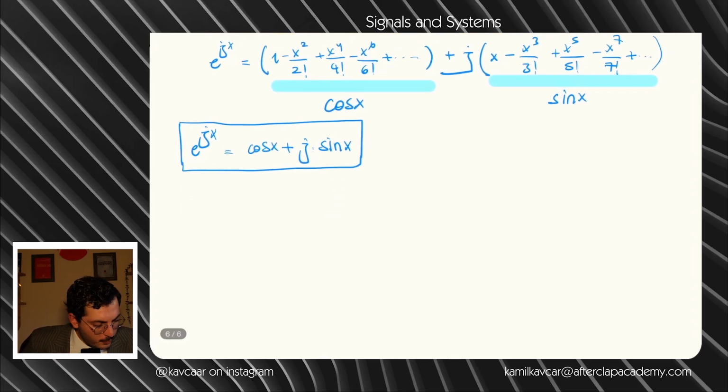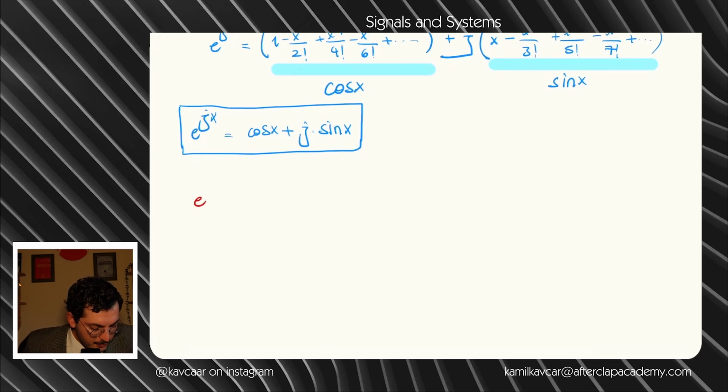So since this is the equation, now we're going to use a little bit of information from the previous lecture where we talked about even and odd functions. So basically, whenever you have e to the jx, this is the expansion you are having. But what happens if I change that jx to minus jx? In that case, we're going to have something like this: cosine minus x plus j sine minus x.